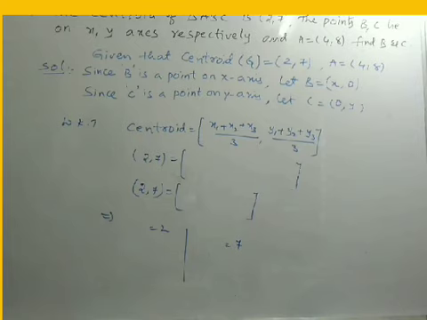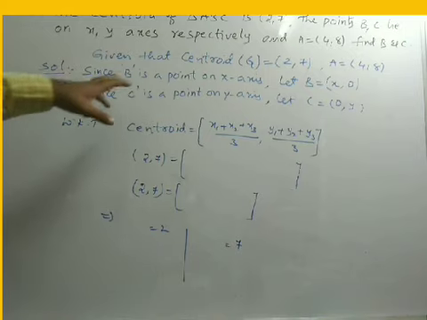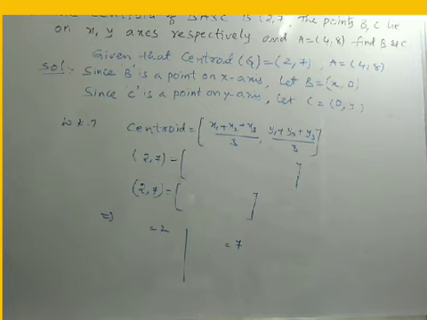Since B is a point on the x-axis, its y-coordinate is 0, and the x-coordinate you can assume to be anything general. Myself, I want to assume it as (x, 0). And since C is a point on the y-axis, C must be considered as (0, something).